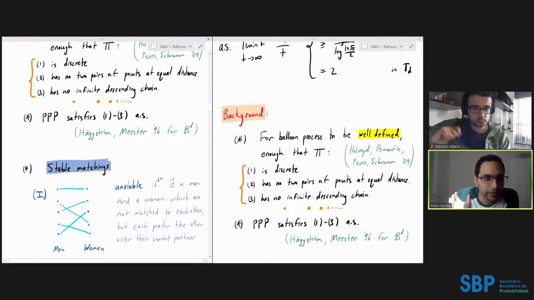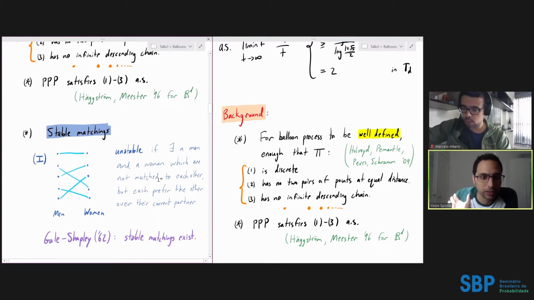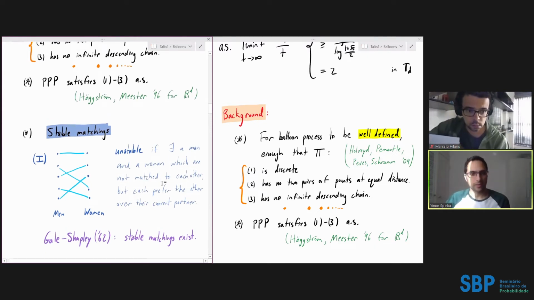Okay, another important thing here in the background is the relation to stable matchings. Perhaps some of you have heard of this. This is something that in the 60s was studied by Gale and Shapley.